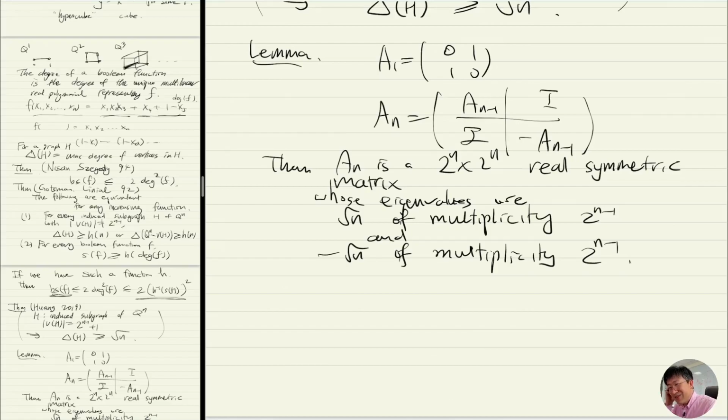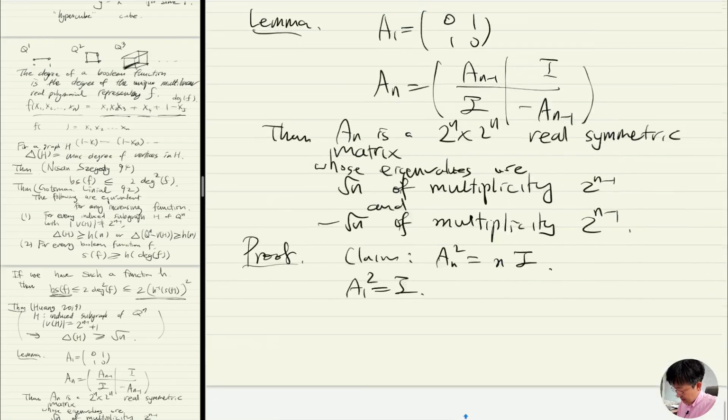So let's first see why this is true. The claim is A_n squared is n times I. So A_1 squared is I, obviously, right?